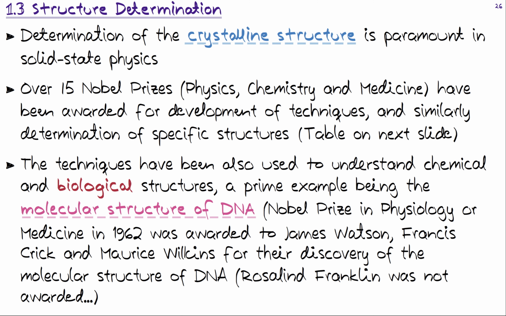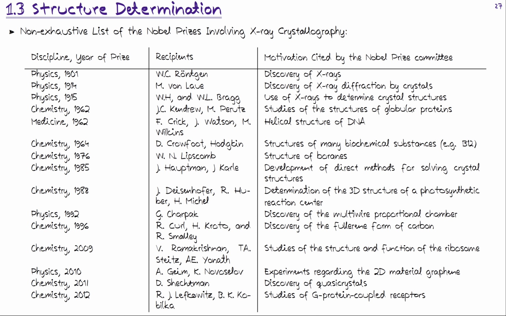So here is the table I promised to show you. This is not all the prizes, but at least a pretty good representative pick of Nobel Prizes that are related to X-ray crystallography. And as you can see, there are a lot of them on the list. Starting, the first ones were Nobel Prizes in physics.